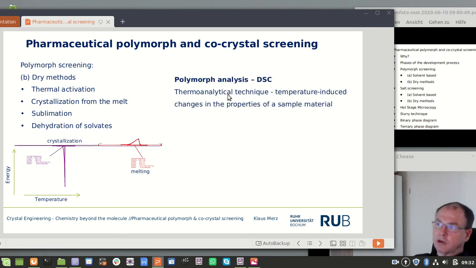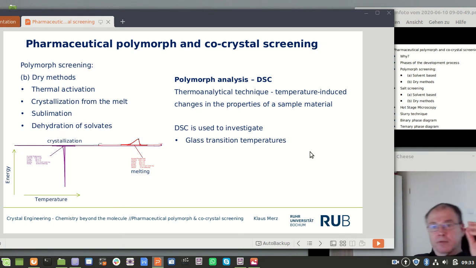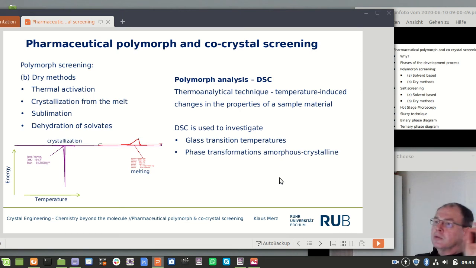In this case we are talking about DSC, a thermoanalytical technique, measuring temperature-induced change in the properties of sample materials. And this is interesting for you if you want to learn more about your product. You want to learn, for example, is there a glass phase, a glass transition temperature? Is there a transformation from an amorphous phase to a crystalline phase?